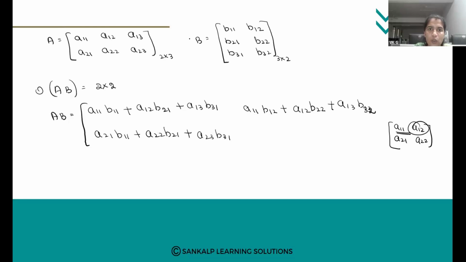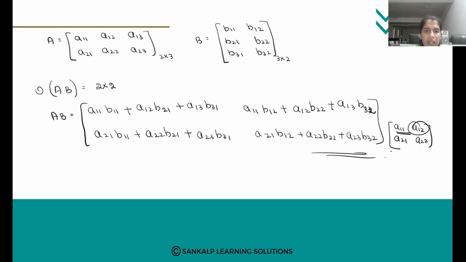Here, the next entry is second row, second column. So I multiply the second row from the first, second column from the second: A21 into B12 plus A22 into B22 plus A23 into B32. This is the clue.